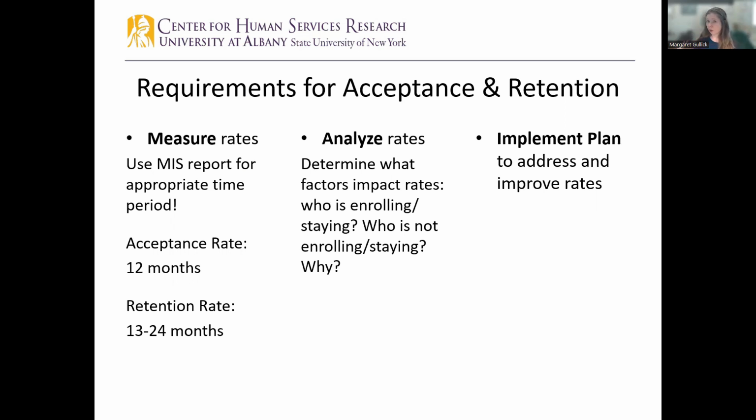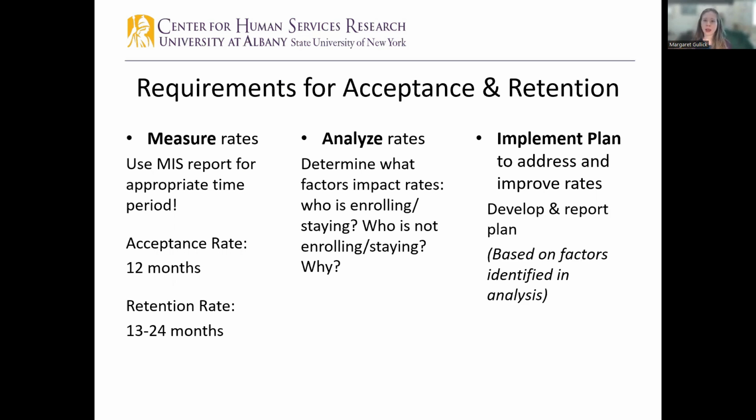So who's enrolling or staying versus who's not enrolling or staying, and why do you think that might be? And then you'll develop and hopefully implement a plan based on the factors identified in your analysis. And you'll look back at the effectiveness of previous strategies. What was last year's plan? Are you doing better in those categories where you maybe weren't as enrolling as many people? Or has that factor remained about the same?